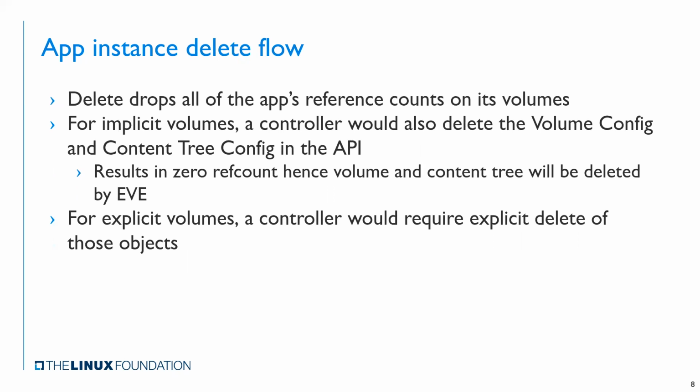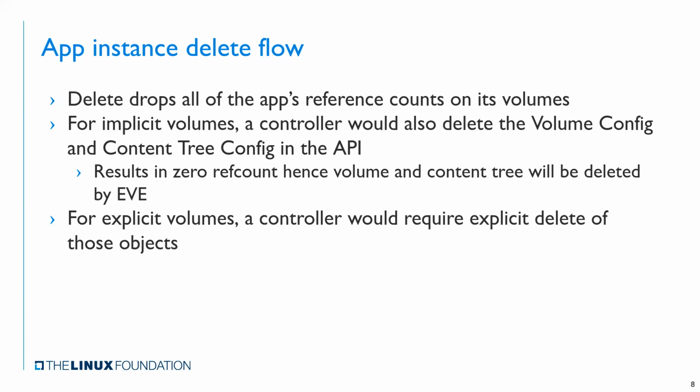And then the last part of the main workflows is what happens when you actually delete things. If you delete an app instance, it means that all of the app instance's references on its volumes are dropped. On Eve, this is all based on reference counts, but the actual behavior you see is a combination of what Eve does and what the controller does.